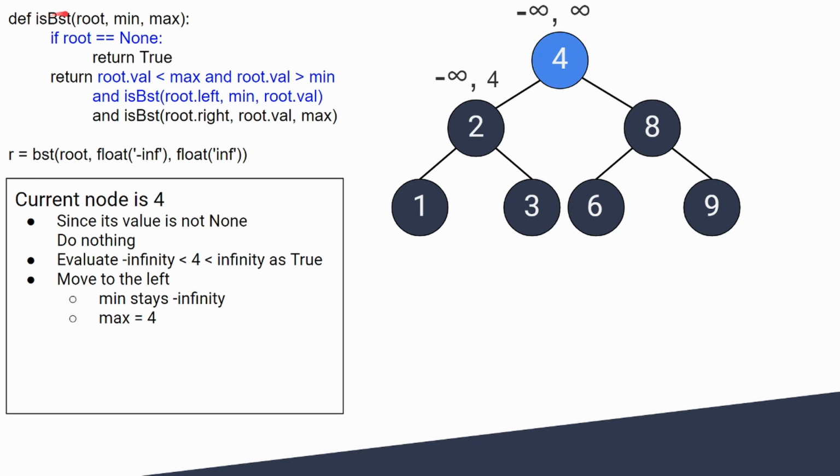We create a function called isBST where we pass in the root and the minimum and the maximum. Since the root isn't none, you do nothing here, and then you see if it's in between negative infinity and infinity. Since it is, you move to its left, where the minimum stays negative infinity and the maximum will be 4.